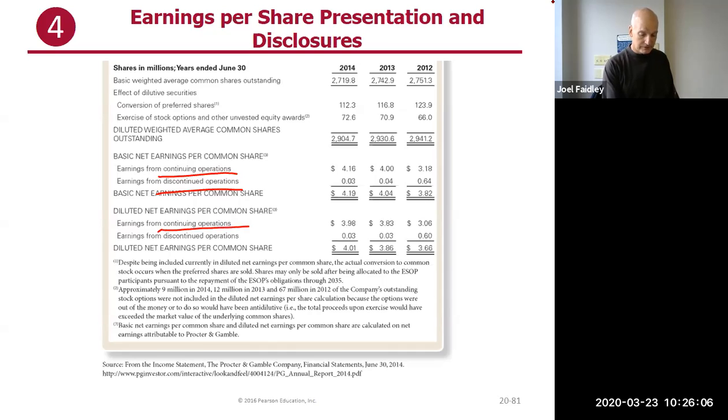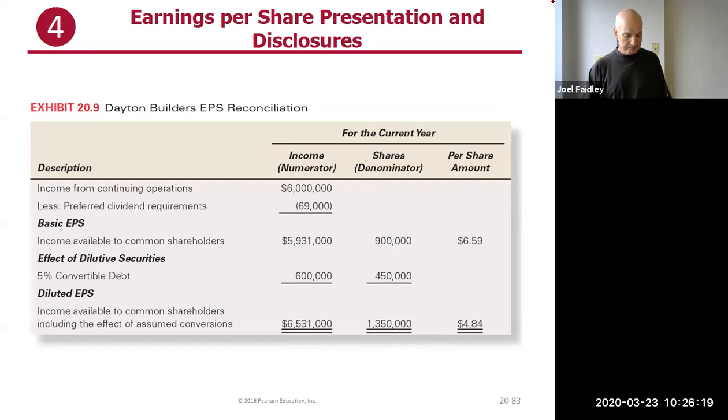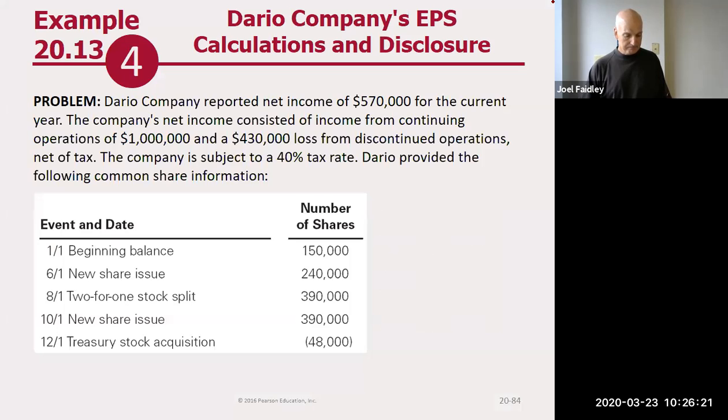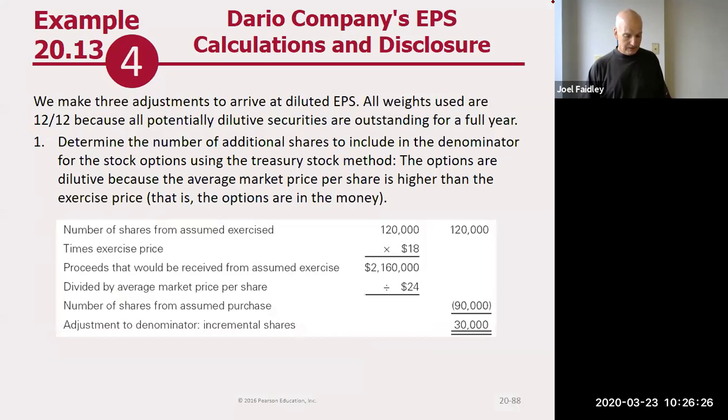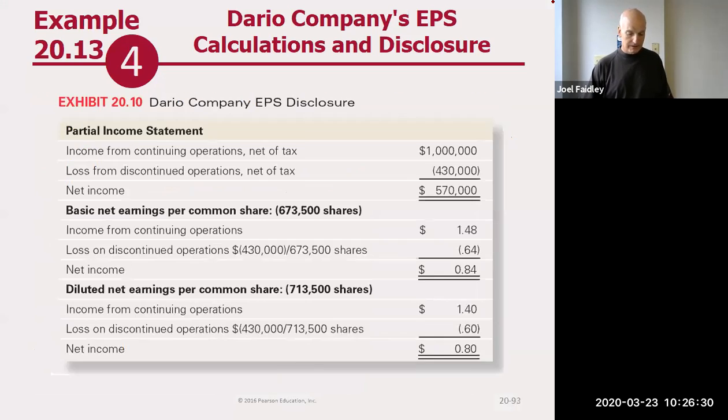There's an exercise in Pearson that goes through this, does a good job, both in total dollars and in earnings per share. So I think I am through with the lecture part of this chapter.